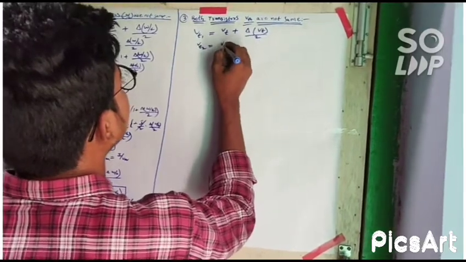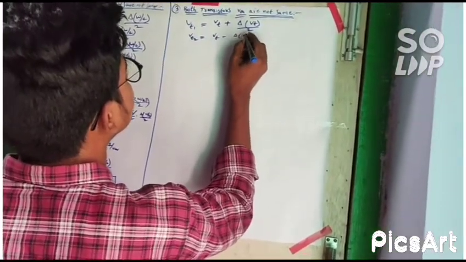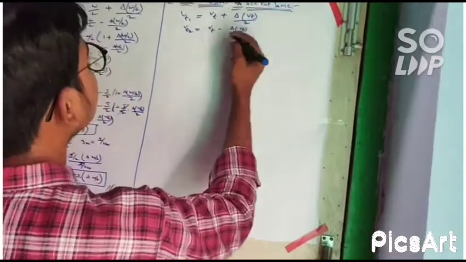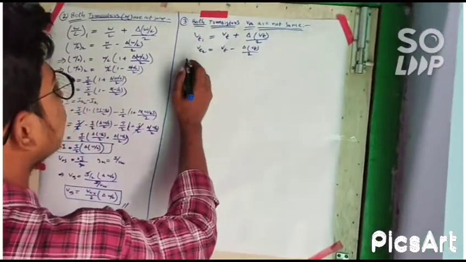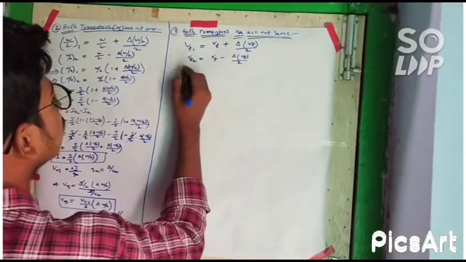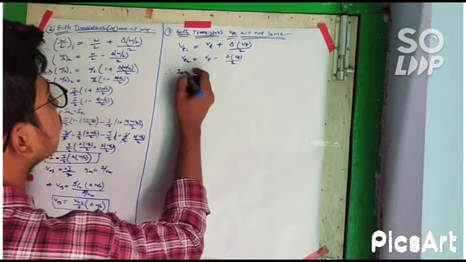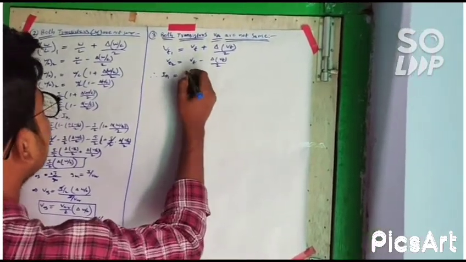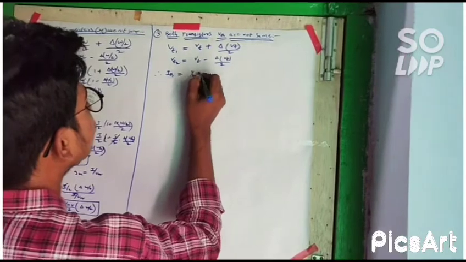I is cancelled, then VOV by 2 into delta W by L. This is obtained from the second case.